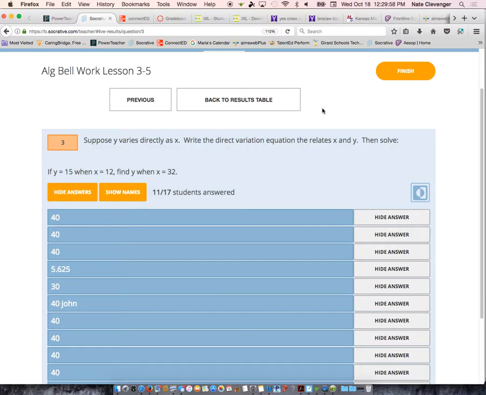Suppose y varies directly. This is what we did on the worksheet, where we take our y and our x that are related, or have a direct connection, and we write that our m, or in this case k, is 15 over 12, which reduces to 5 over 4.